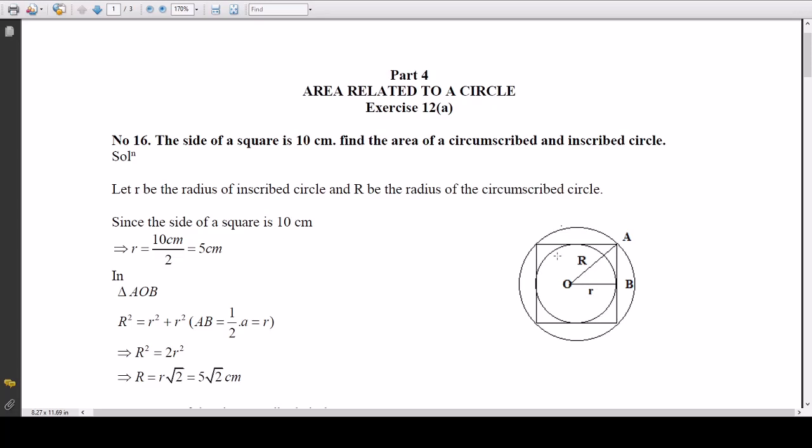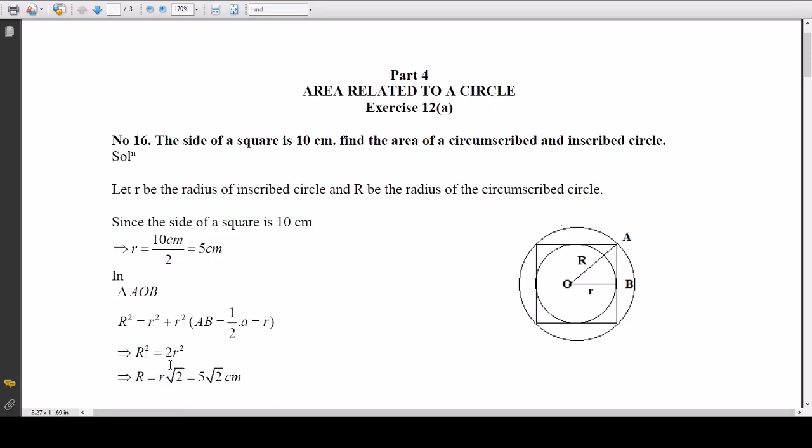That means R square will be, OB is r, AB is also r. That means r square plus r square, because AB is half of the side, which is also r. Therefore R square is r square plus r square, which is twice r square, but r is 5.